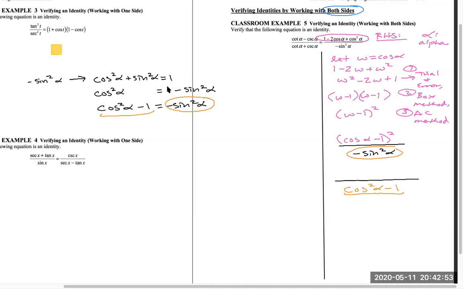And on the top, I still have my cosine alpha minus 1, squared, but I'm actually going to break it apart strategically here. So we have 2 of those factors. The reason I'm going to do this is because cosine squared alpha minus 1 is factorable.